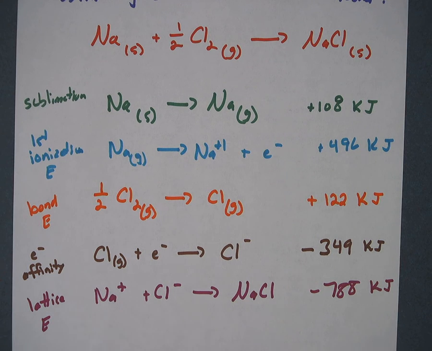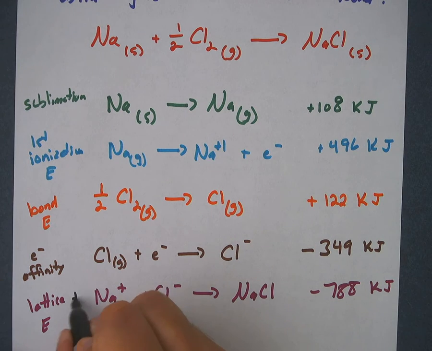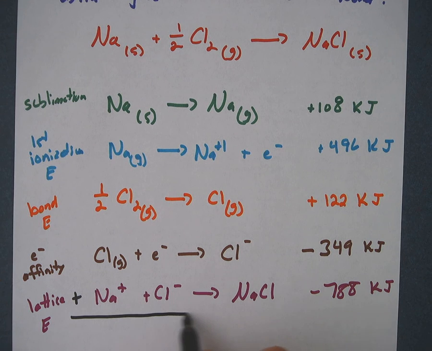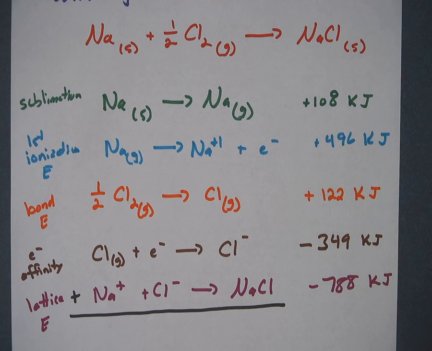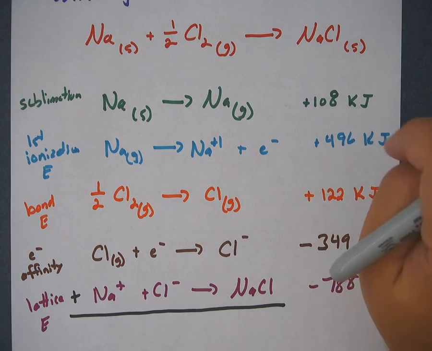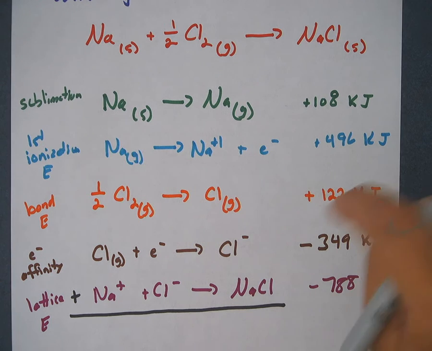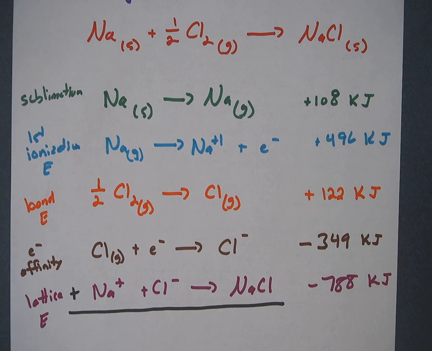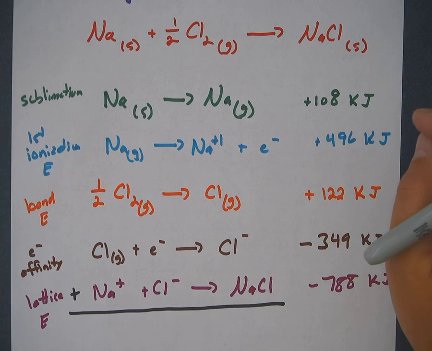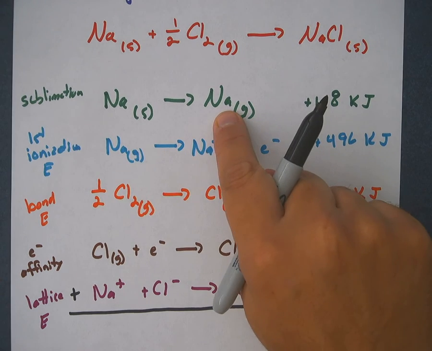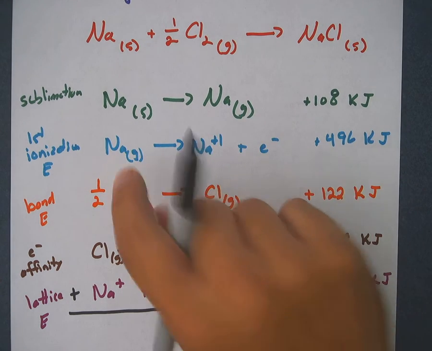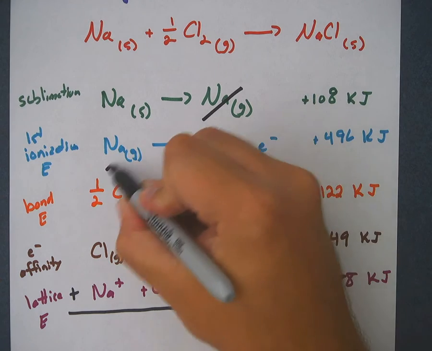We show this by adding all these up cumulatively, and we look for things to cancel or combine. If something is a product and also a reactant, we can cancel it out. For instance, I see sodium gas and sodium gas, so I will cancel those out.